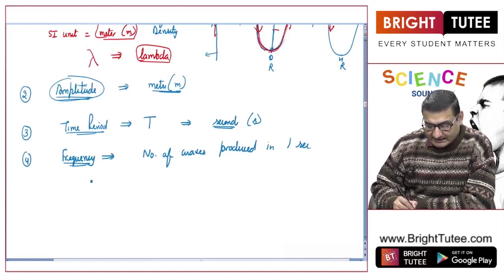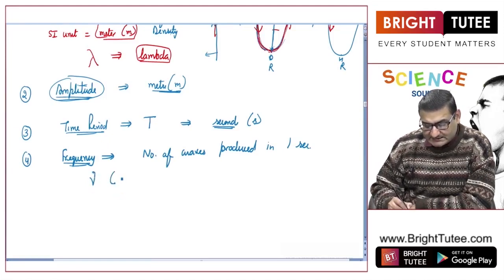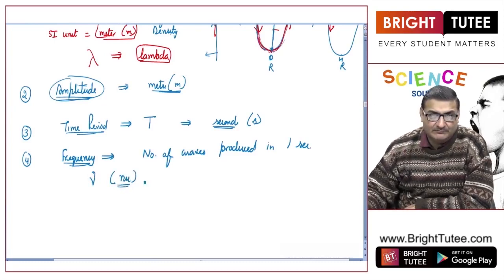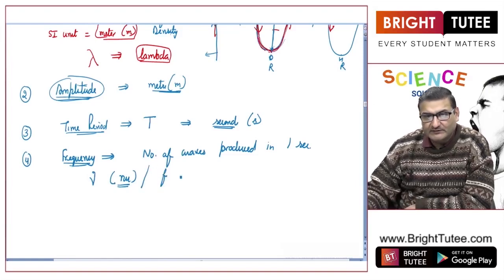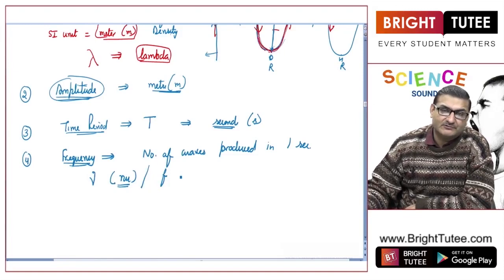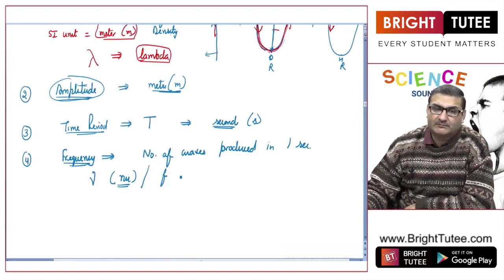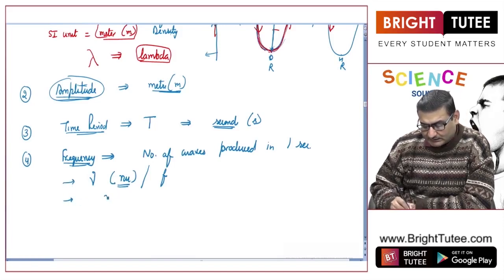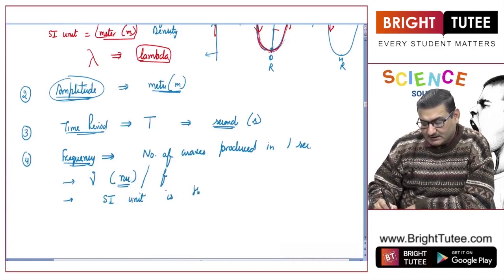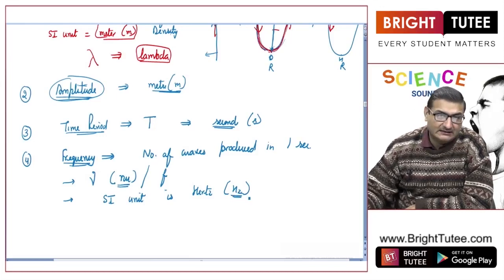This frequency is represented by this alphabet. This is a Greek letter, and it is called nu, right? For the sake of convenience, we can also represent frequency with small f. That is also acceptable, not a problem. Got it? And very, very important, the SI unit of frequency is hertz, which is represented by Hz.